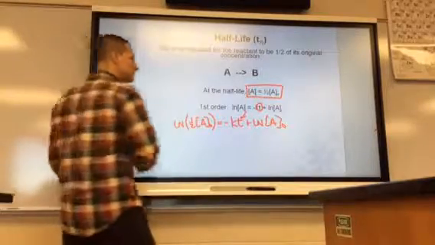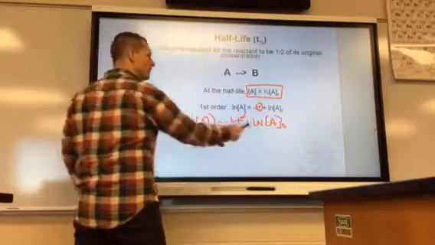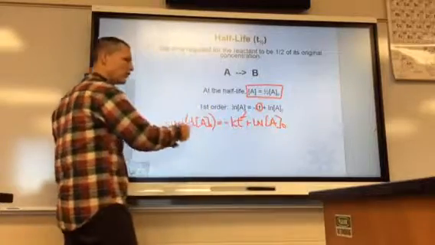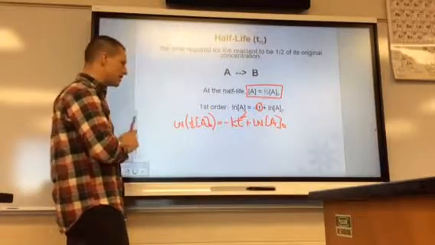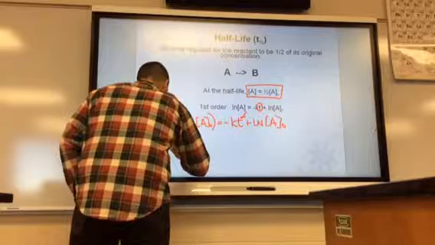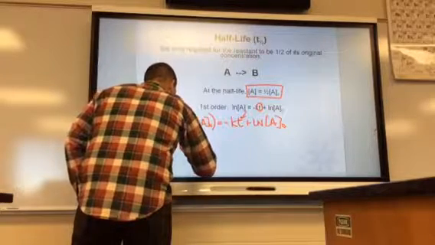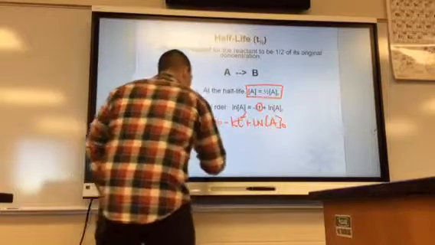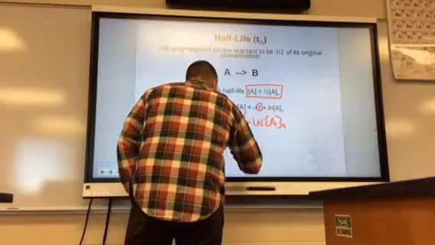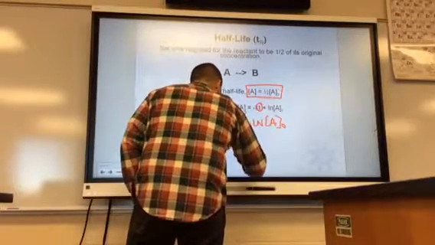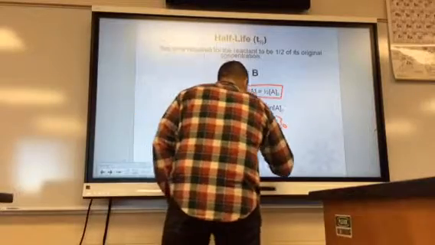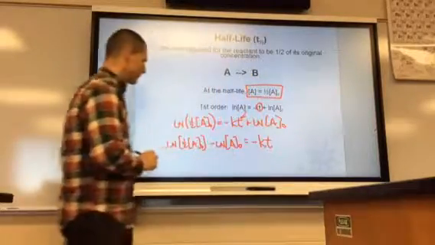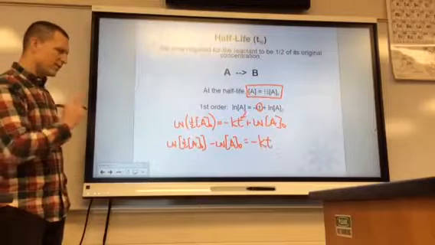Okay, well, what do you want to do? Should we take that ln of A0 and move it over if we're trying to solve for t? Yeah, let's do that. And then when we do that, ln of 1/2 A0 minus ln of A0 equals negative kt. We're solving for the time.